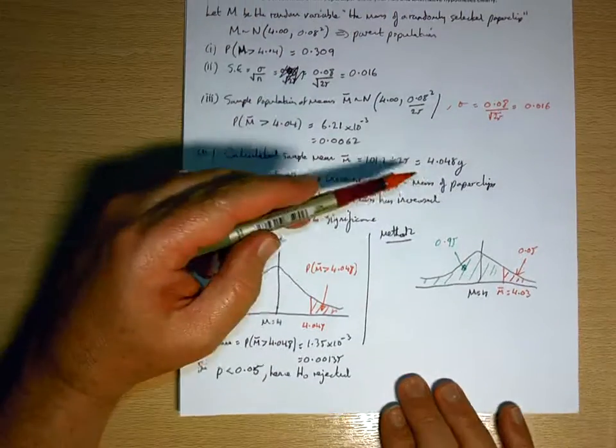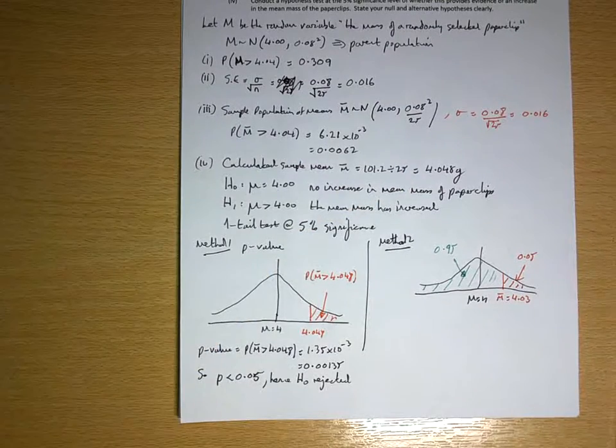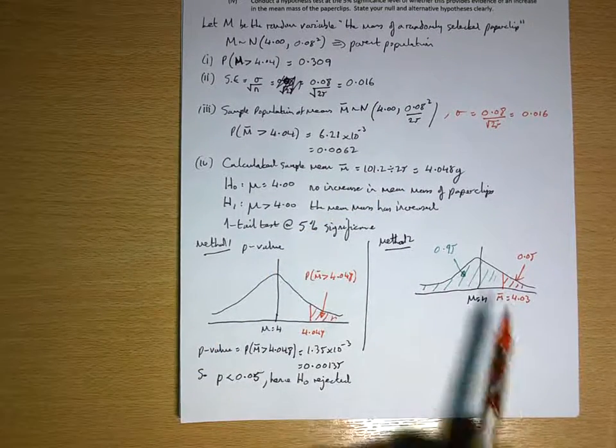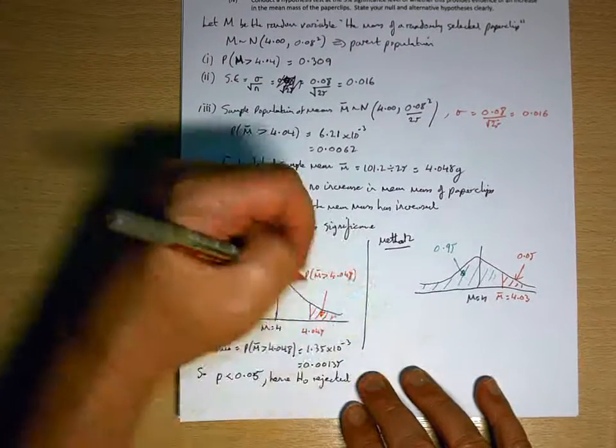My calculated mean was 4.048. So it's within the critical region.